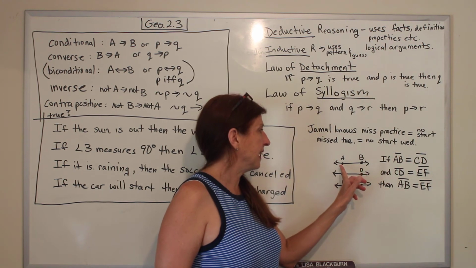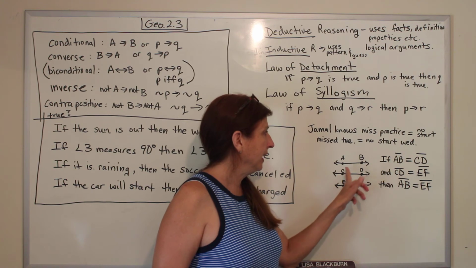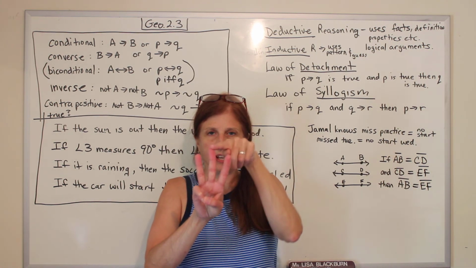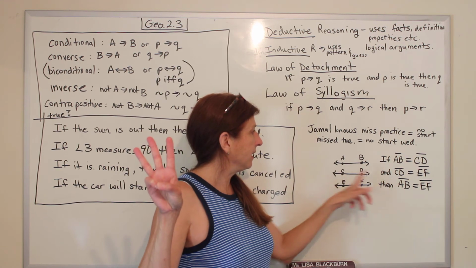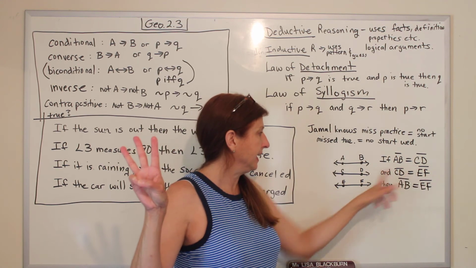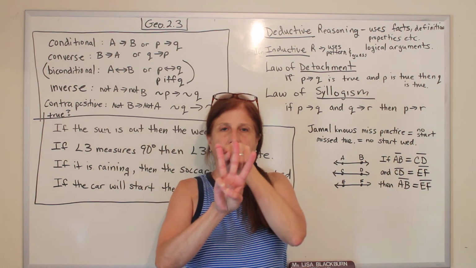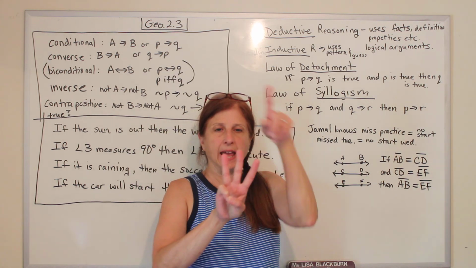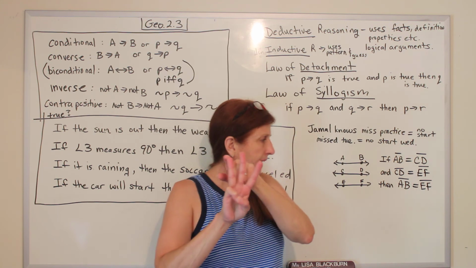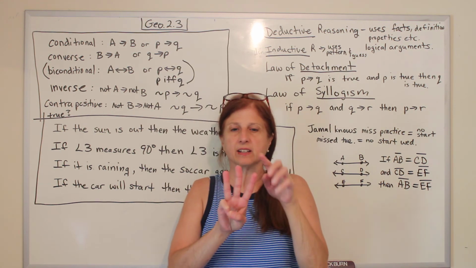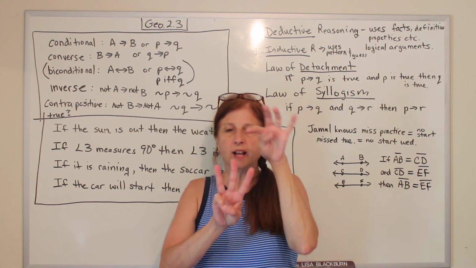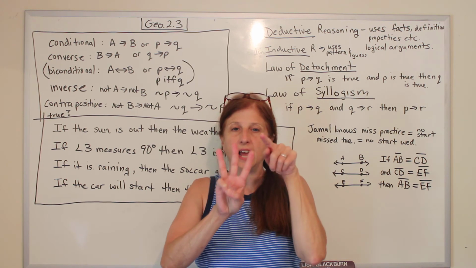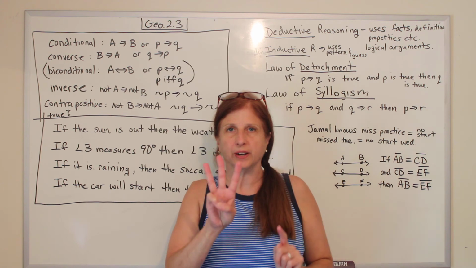If line segment AB equals line segment CD, this line equals that line, and line segment CD equals line segment EF, then we can conclude that line segment AB equals EF. So let's just say it like this, 1, 2, 3. If line 1 equals line 2 and line 2 equals line 3, then I know line 1 equals line 3.